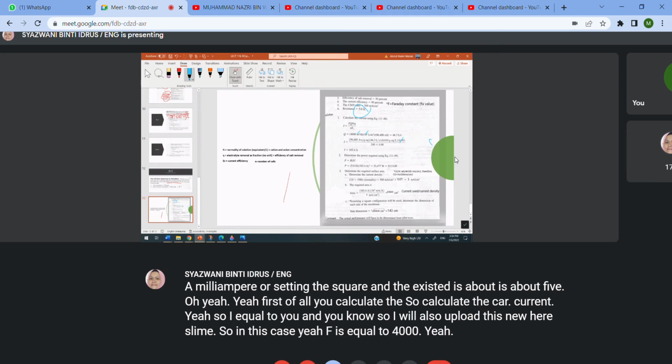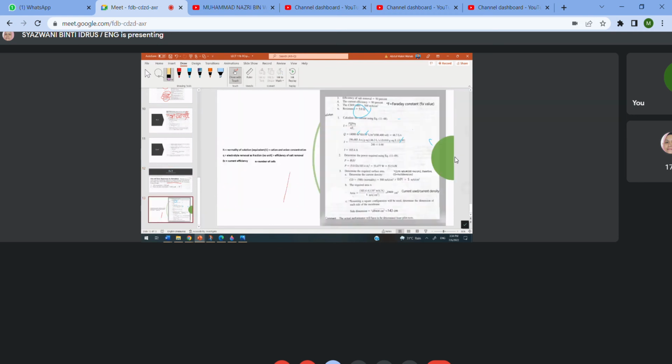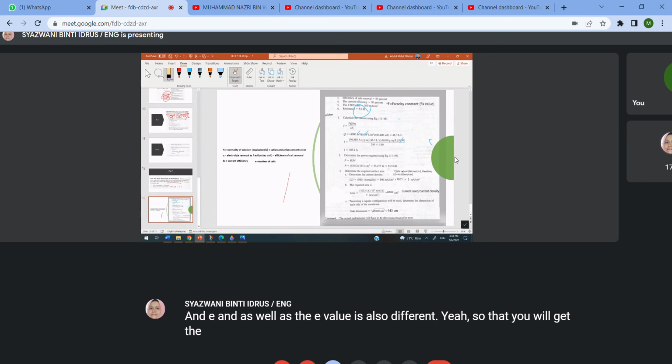N as well as the E value is also given, so that you will get the current equal to 103.4 ampere.